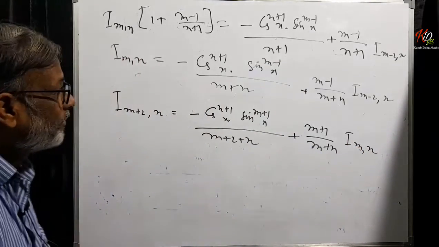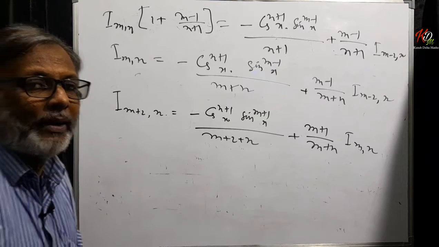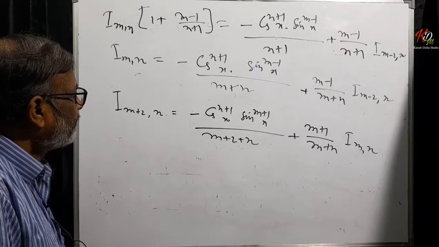Now when m is negative and n is positive, or n is negative and m is positive, we apply this theorem.